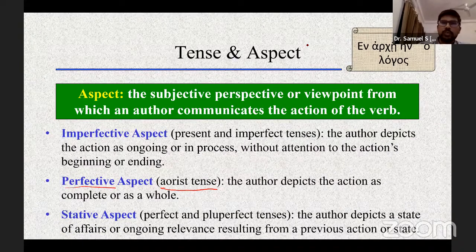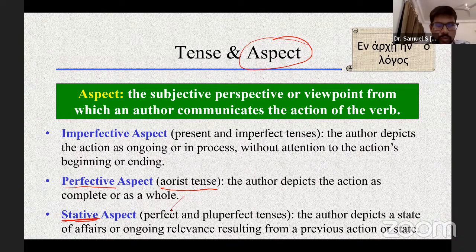Third and final aspect, stative aspect. Stative aspect has two tense forms, perfect and pluperfect. The author depicts a state of affairs or ongoing relevance resulting from a previous action. So let's say we say something like he had loosed.